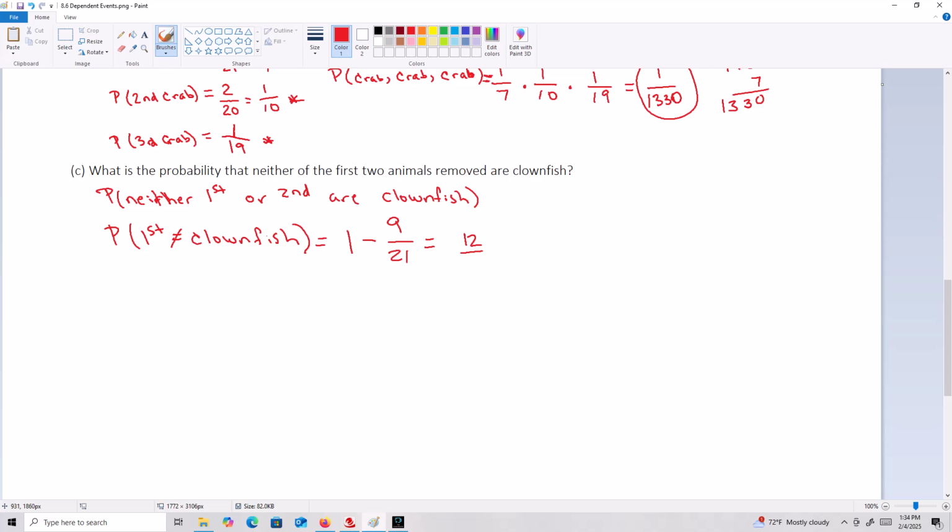I'm sorry, let me go through all the steps. This is going to be 21 minus 9 over 21, and then that's going to equal 12 over 21. Now the probability of the second not equaling a clownfish.